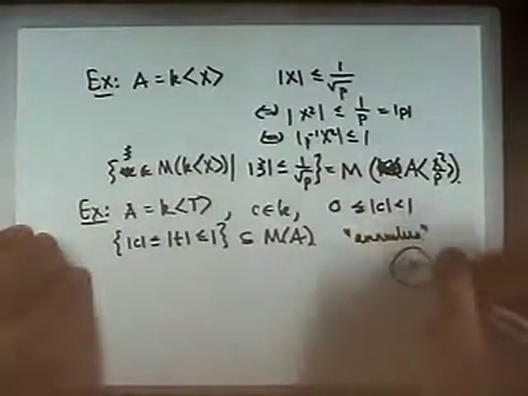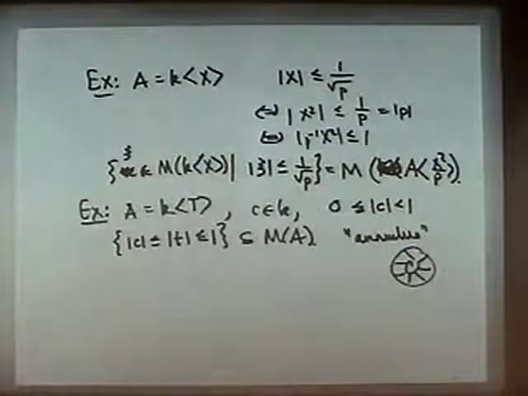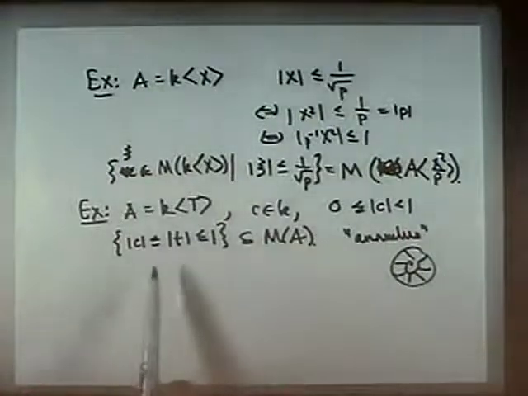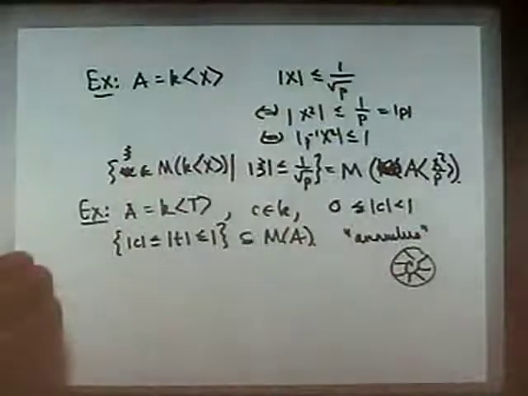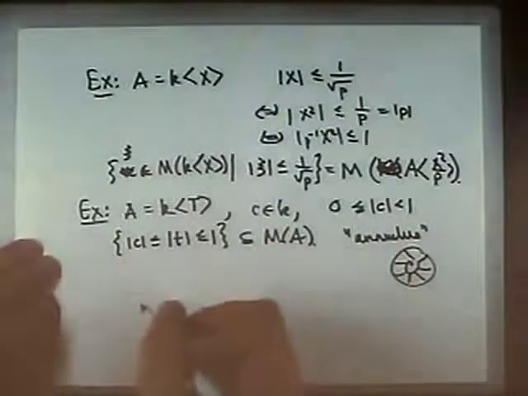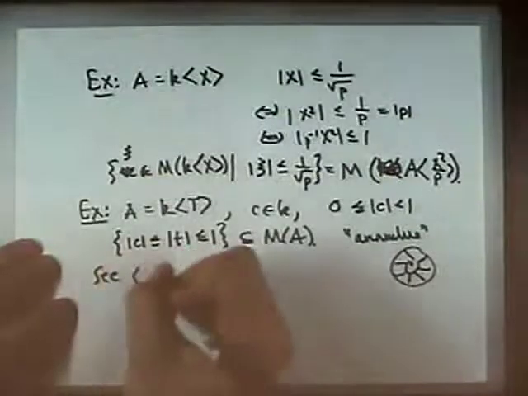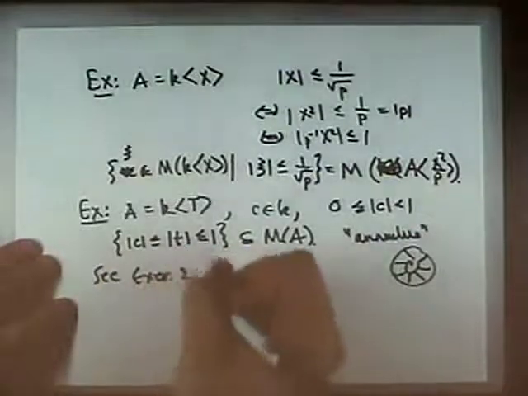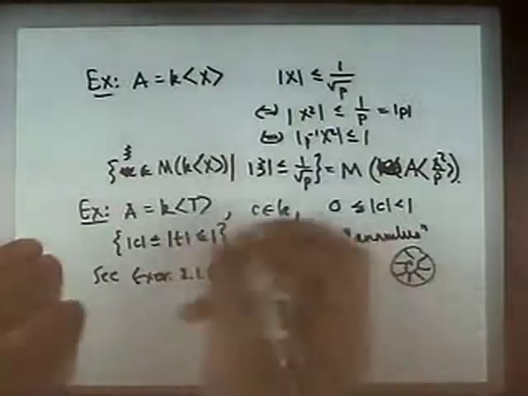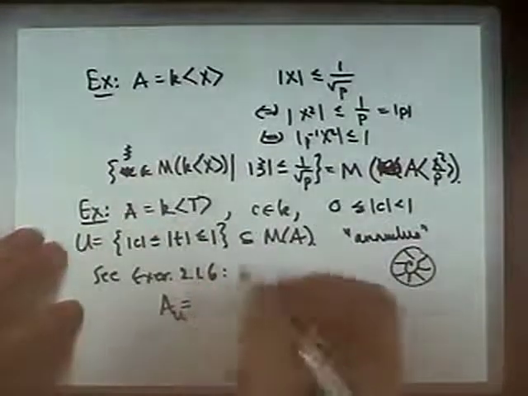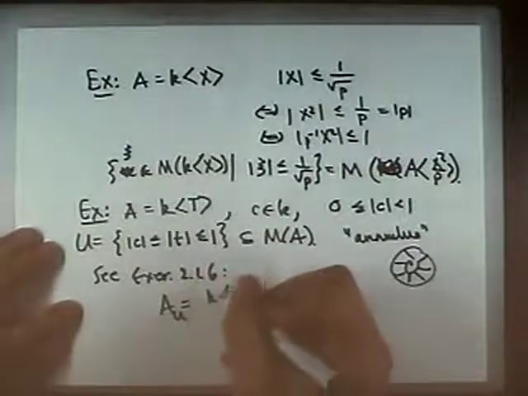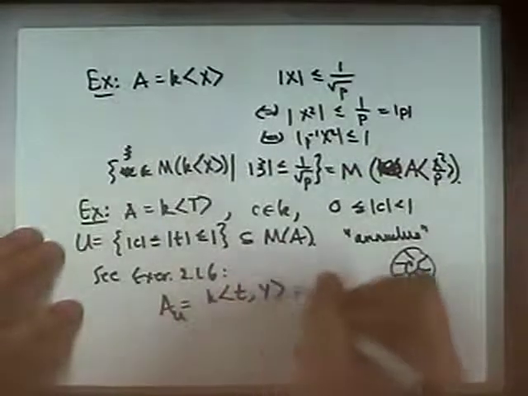Something like that. The center is somewhere in there. Well, the center is everywhere. Anyway, we have this annulus, and what does this correspond to in terms of the rings? Well, you can work this out for yourself. If you see exercise 2.16, but just for purposes of time, I'll tell you the final answer. If you call this U, you find that A of U is just, well, it's not actually a surprise once I write it down.